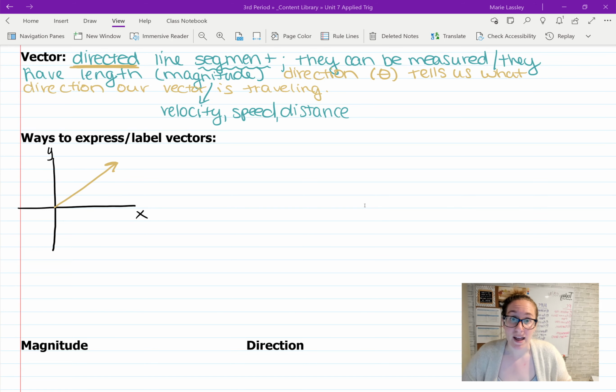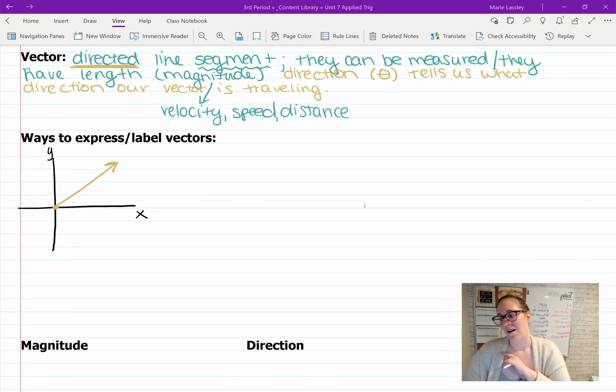It kind of looks like a ray that you had in geometry, but I will remind you, a ray has an endpoint but continues infinitely in the other direction. So this is not a ray. This is a vector, even though I know they look exactly the same.